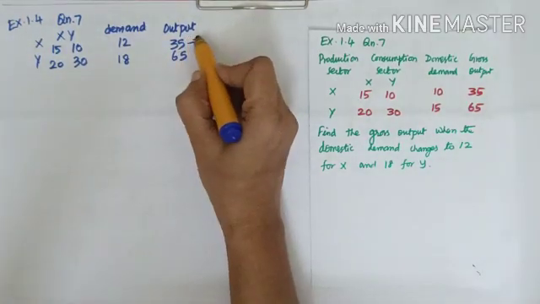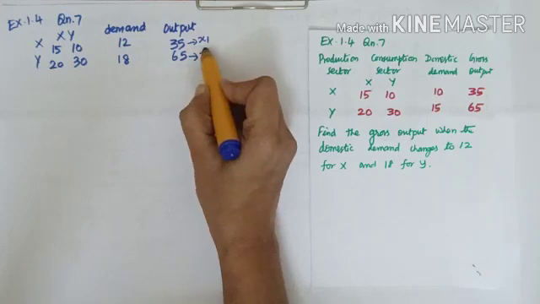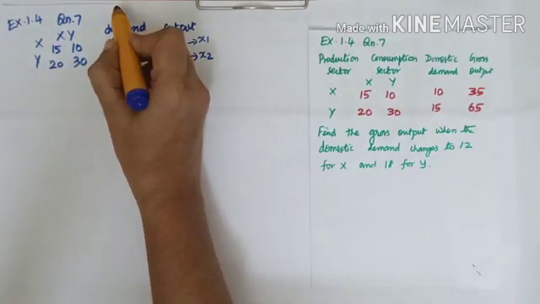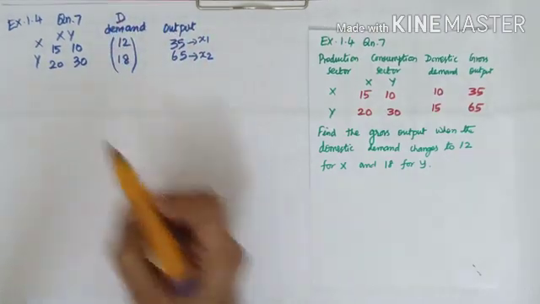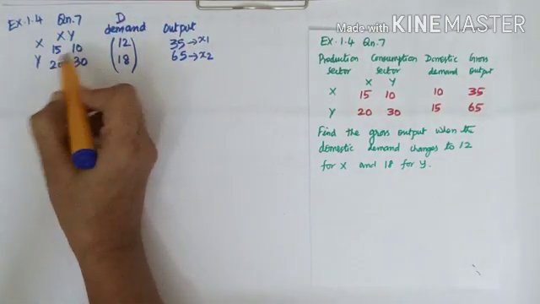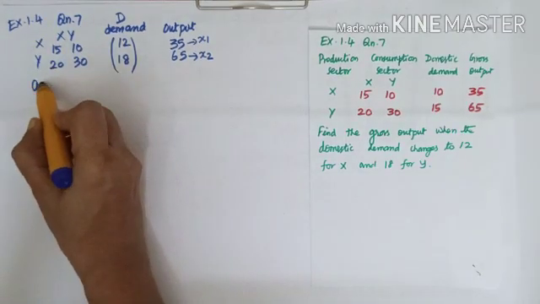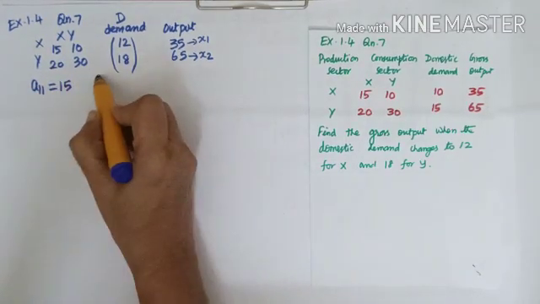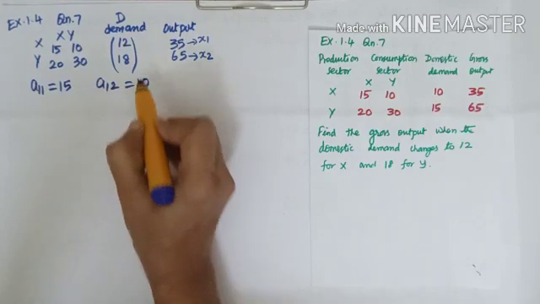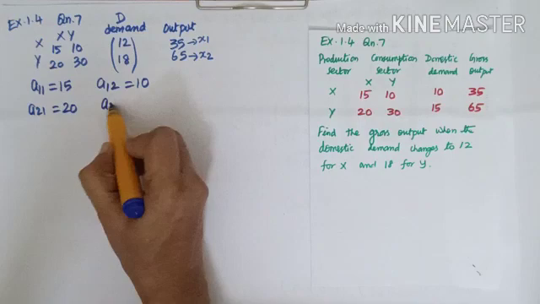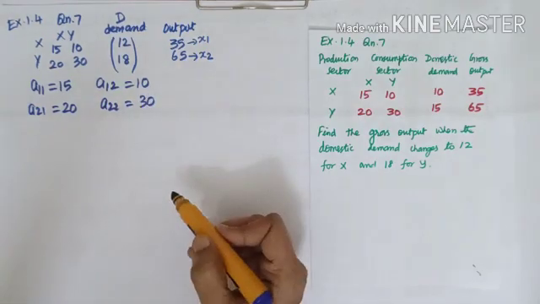Take this as X1 and this as X2. This matrix we call demand. And as I see this 2 by 2 rows and columns, treat them as A11 15, A12 10, A21 20, A22 30.